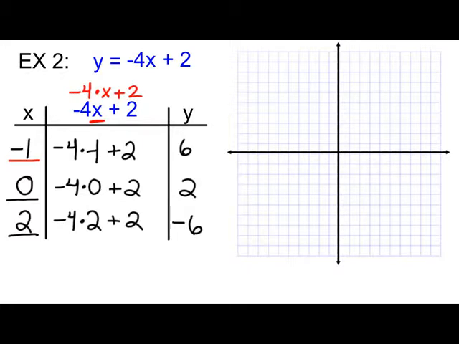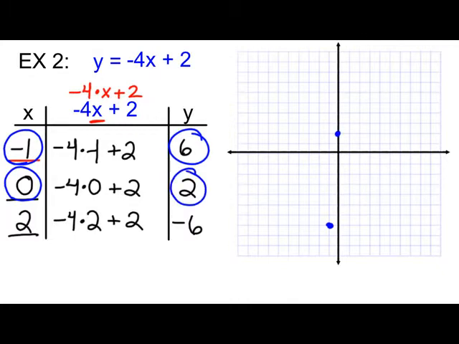I have 3 ordered pairs now, so I'm going to go ahead and plot them. My first ordered pair is -1, 6, so I go left 1, and then I go down 6 on my coordinate plane. Then I go right or left 0, and then up 2.